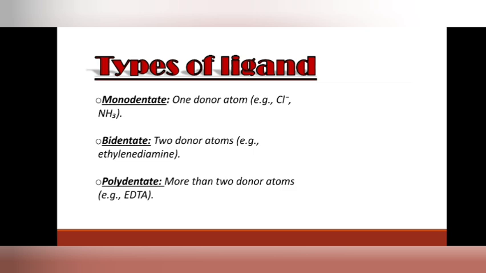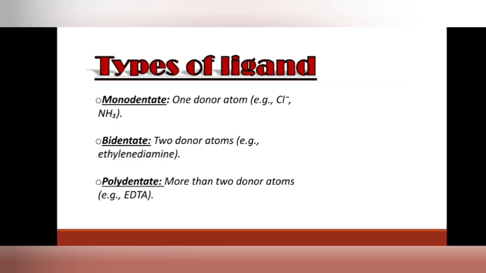Second one is bidentate. In bidentate, there are two donor atoms, which means that in this type of ligand, two atoms will donate electron pairs. A total of 4 electrons will be donated because two donor atoms are present.